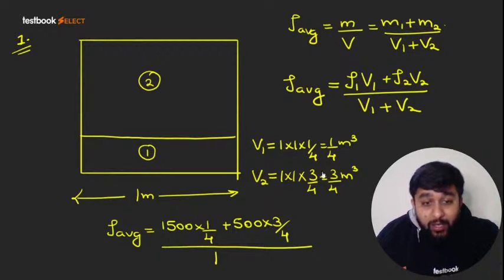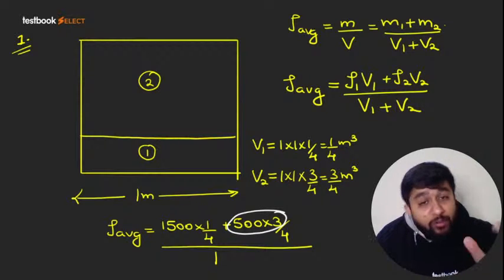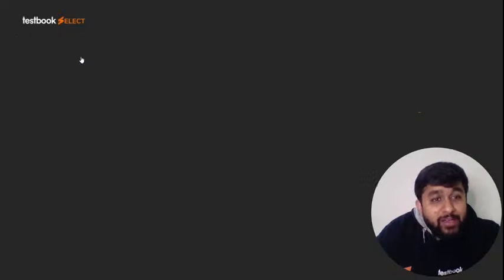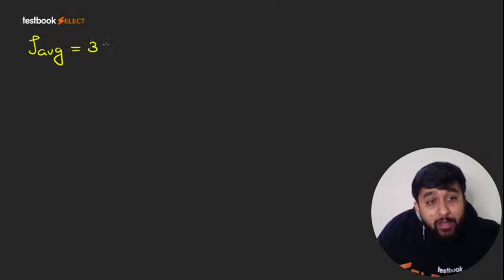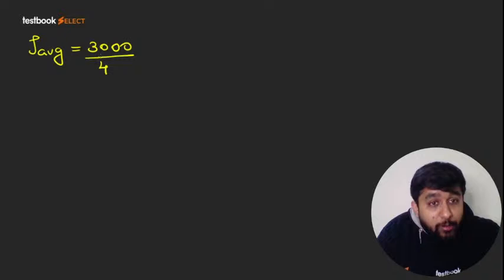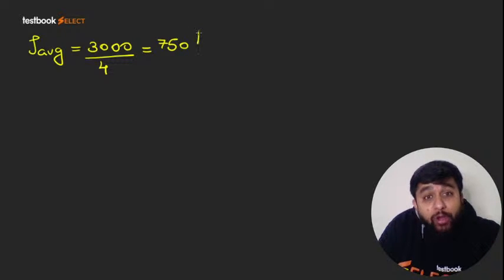Now I think this is also 1500. So 1500 by 4 plus 1500 by 4, divided by 1. That is nothing but 3000 by 4. So when you talk of rho average, this will become 3000 by 4. Now 1500 by 2, so that is 750. So average density of the body is 750 kg per meter cube.